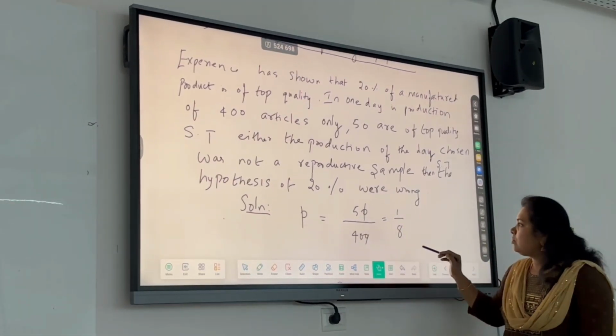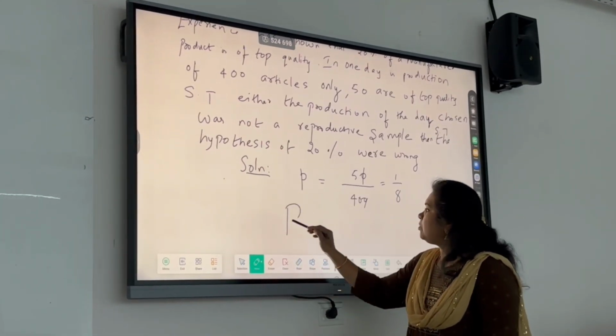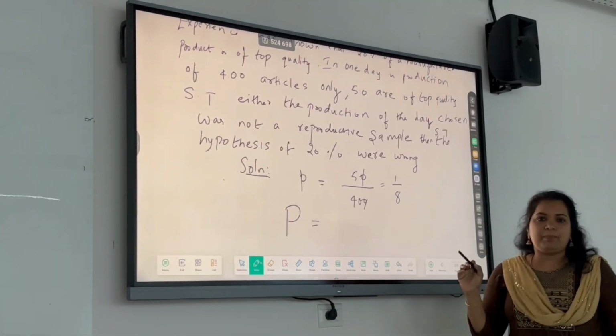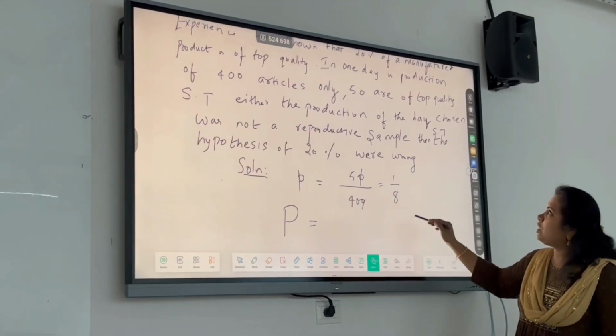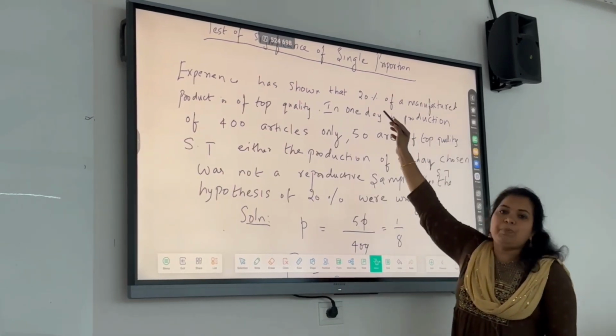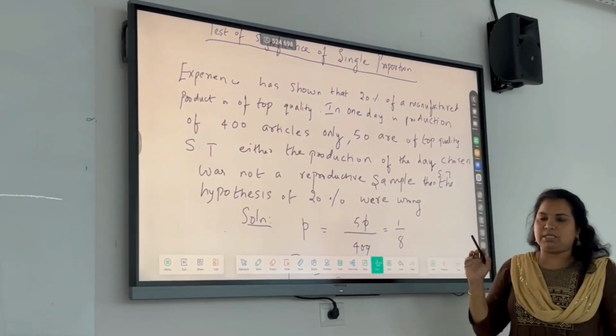Now, what is capital P? Capital P represents the population proportion. In this, if you look at it, 20% of a manufactured product is of top quality.